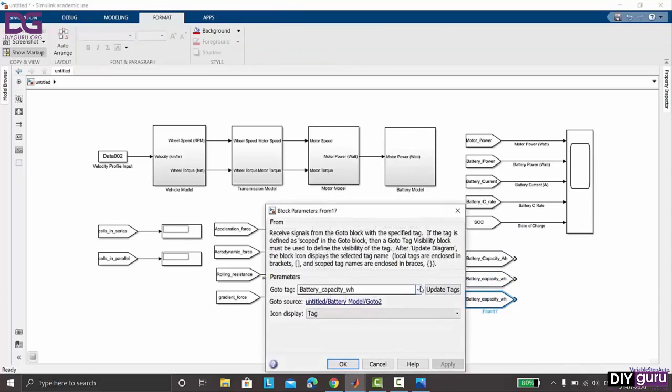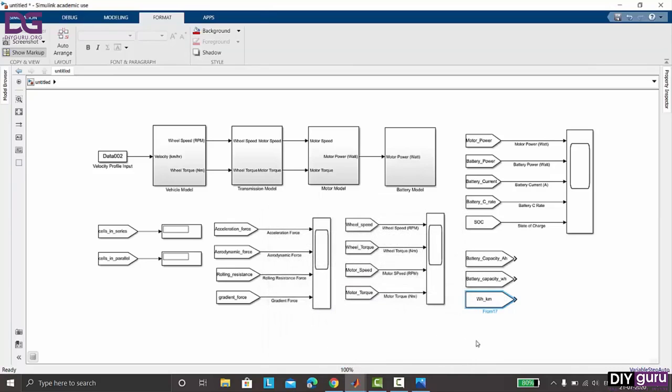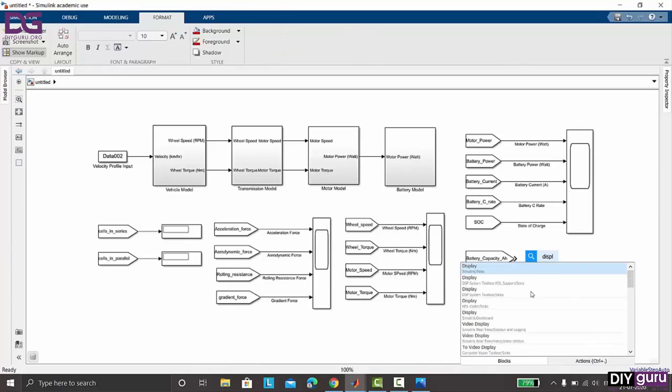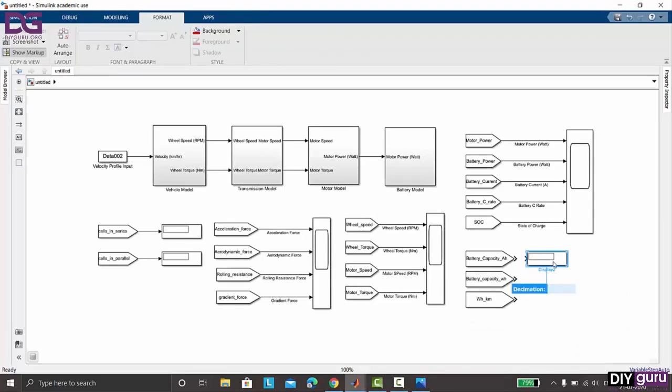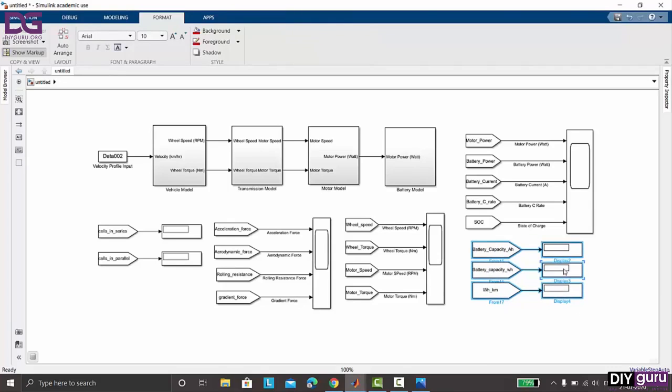Again copy the block and change it to watt hours per kilometer. We require the display block and connect them. So we are done with the powertrain modeling.